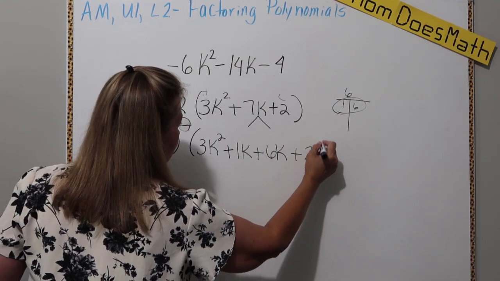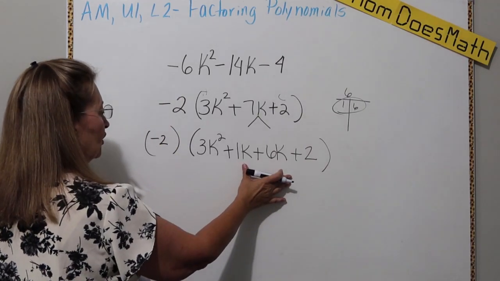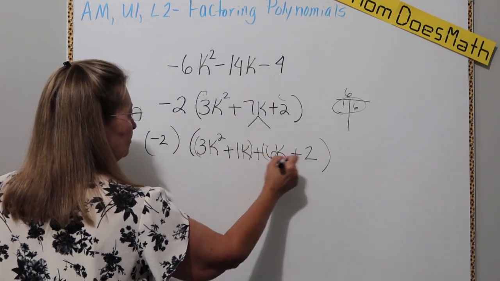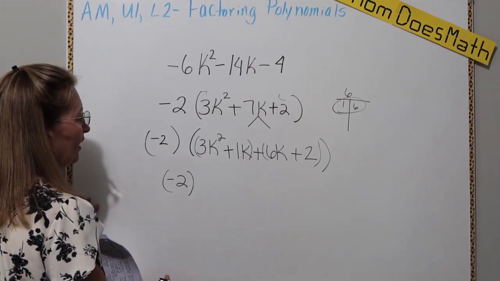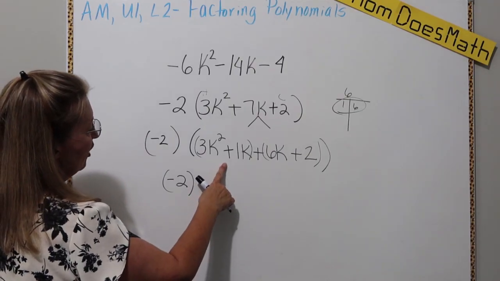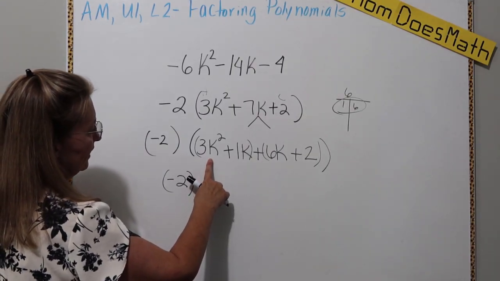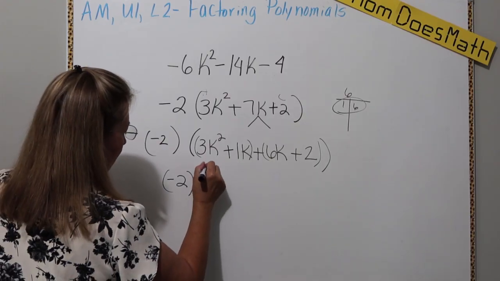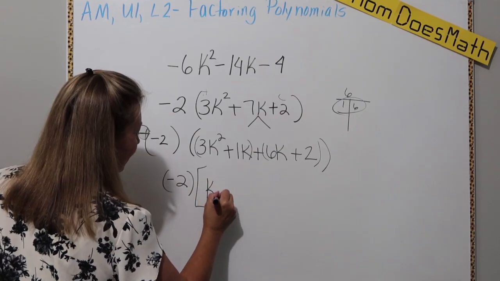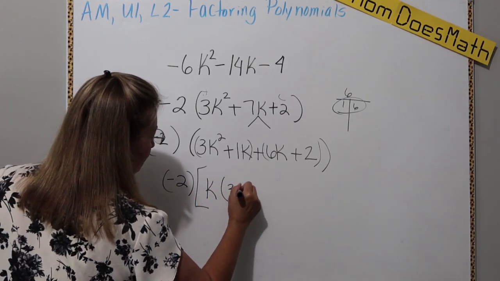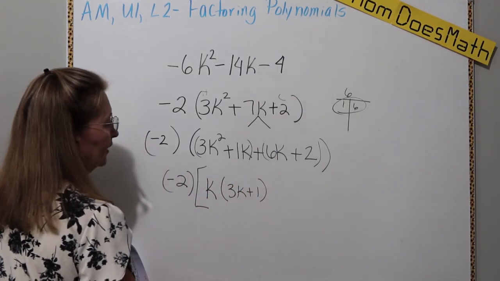6k plus 2. Now I have 4 terms, so I'm going to factor by grouping. And like I said, I'm not going to lose my negative 2, so I'm going to write it down. Now, what is the greatest common factor between 3k and 1k? And I'll put brackets here because I'm factoring this. Well, I'm going to take a k out, so that's going to give me 3k plus 1.